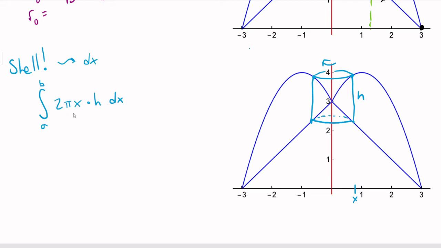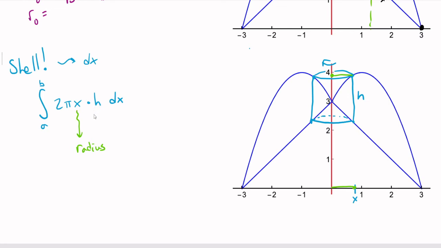This x was the radius. Does that still make sense? Well, let's start here, and actually we'll color code this. We'll make this one green. So where's this x coming from? That's supposed to be the radius. So I say, okay, I go right here, and I go out to this, and oh look, that was just my x value. So okay, cool, that's still the radius, so that fits.